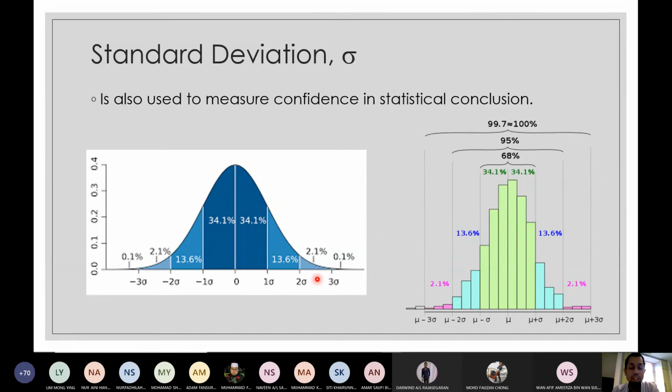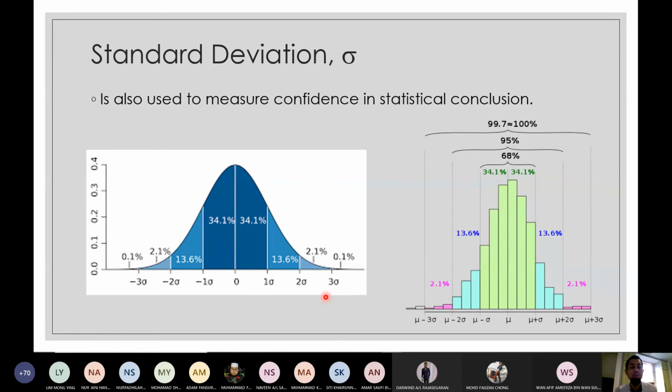But as you go further, the number of students who get either A or fail should be smaller than those who get around average marks, B+, B-, and so on. So this is the normal distribution. Most will tend to be around the average value, and only a few will be distributed away from it.